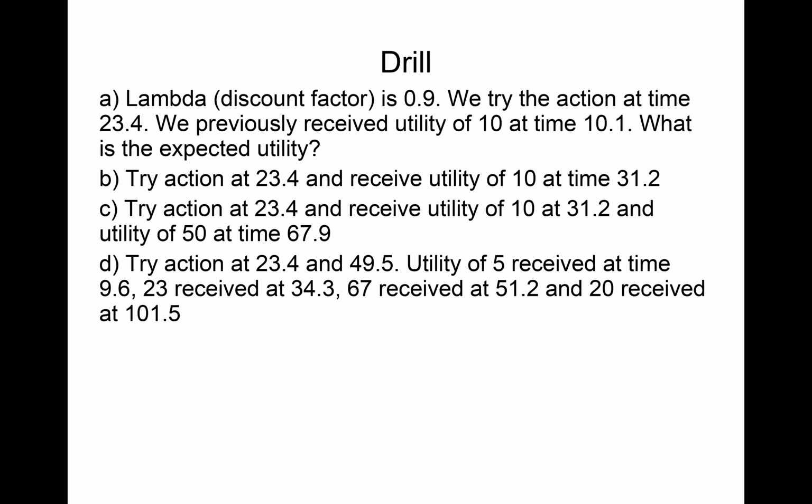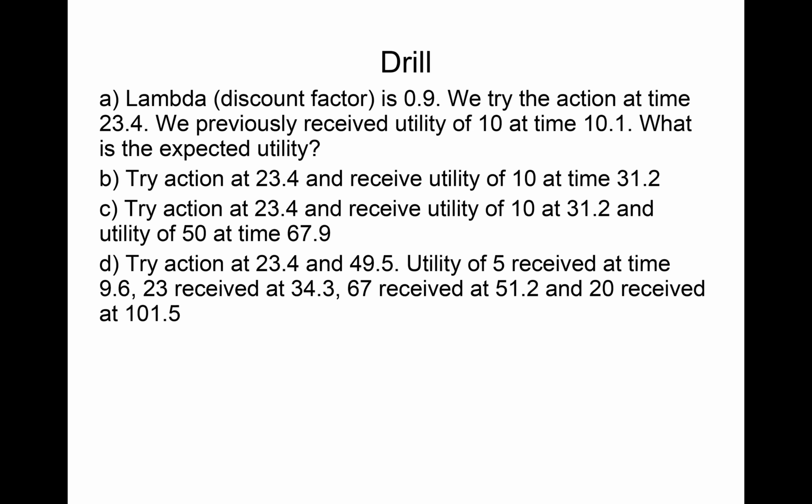So it's going to be 1/2, and then I'm going to have 2 terms here. The first one will be for the first action, the next one for the second action. For the first one, we tried the action at 23.4. A utility of 5 received at time 9.6, I could ignore that. That contribution is going to be 0. That's what that H function will tell you.